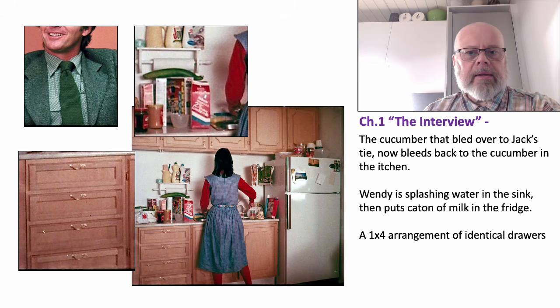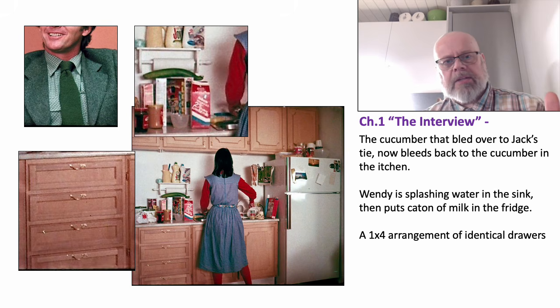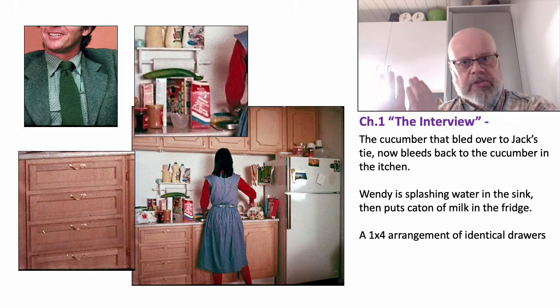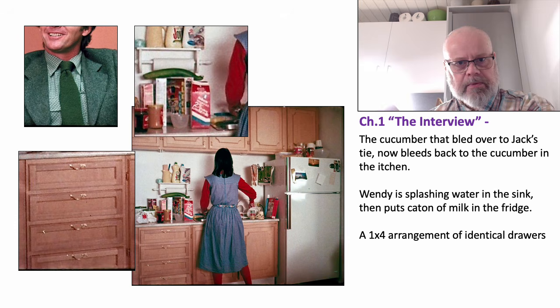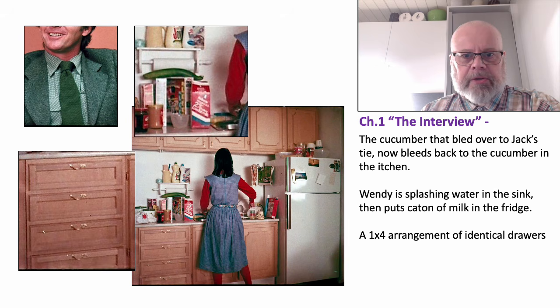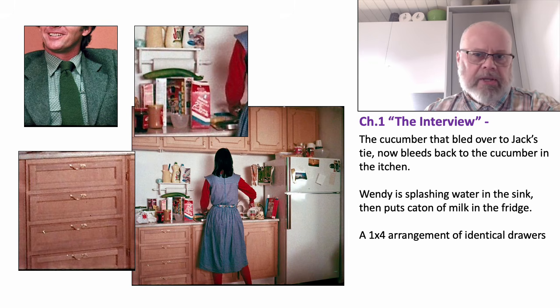And that may be why the similar tie on Ullman is red, because he's associated with abuse. It bleeds back into the cucumber in the kitchen, and you could say it's still the same scene, maybe, but it's still a switch back.